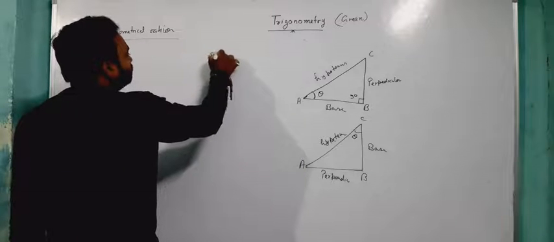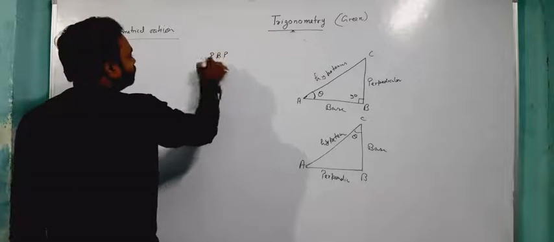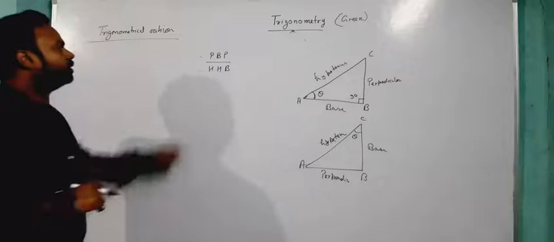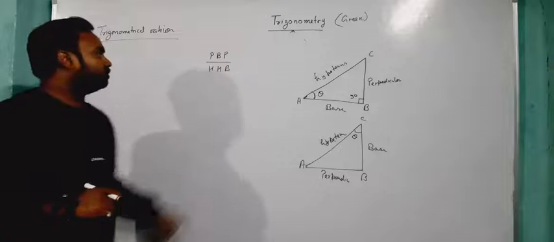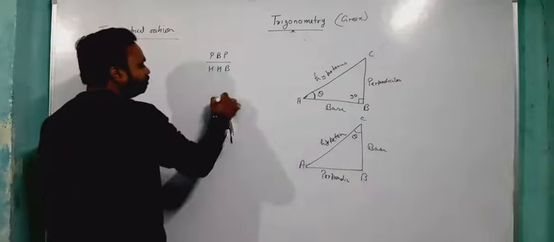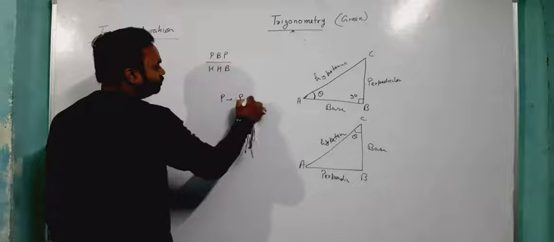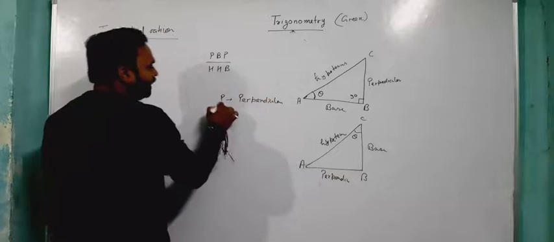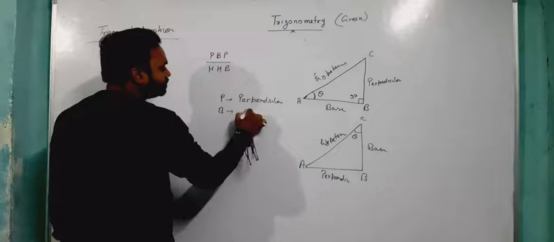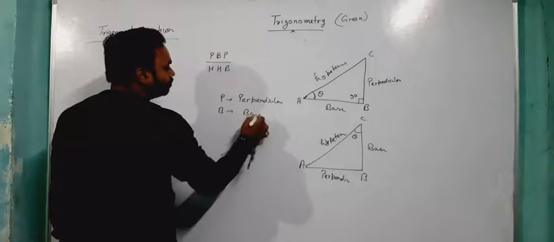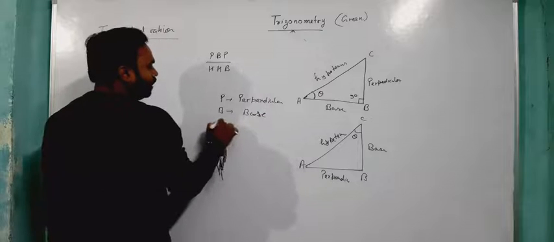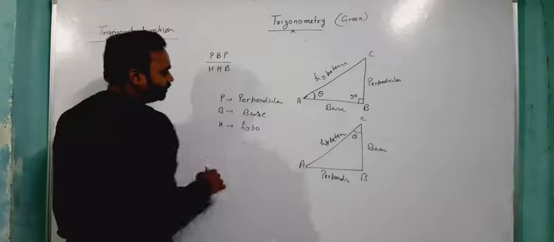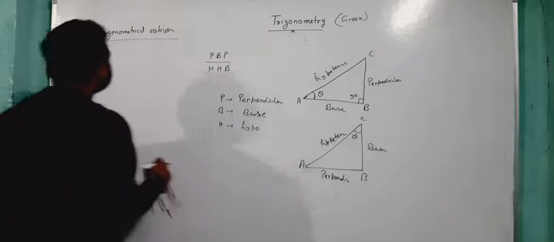Pandit Badri Prasad Har Bole. P stands for perpendicular, B for base, and H for hypotenuse. I am writing it in short, hypo.